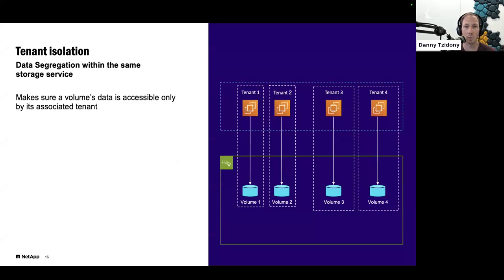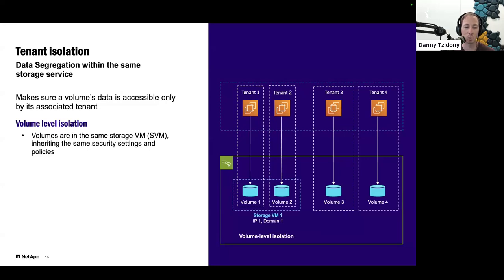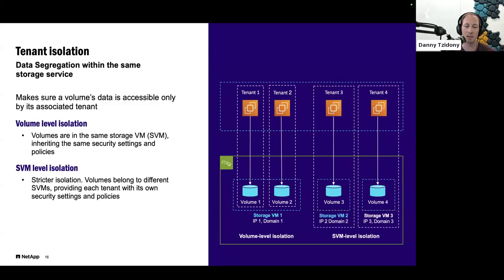Sometimes you are forced to work in single tenants. When I was working with the financial sectors, producing SaaS software for insurance companies and banks, we had to create single tenants per customer with a very strict segregation to make sure that every environment resides on different resources. So here, with volume level isolation, you can achieve that. And if your customers are more strict, you can use a storage virtual machine, which is a completely different domain.